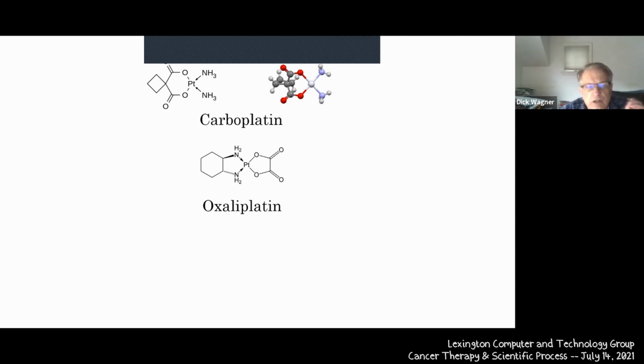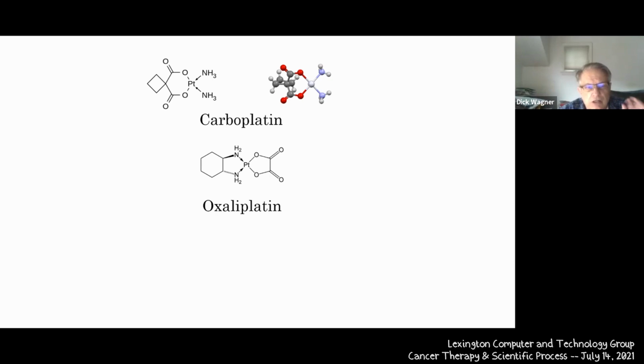A number of Barney's postdocs, none of his grad students, but his postdocs went on and they spent their entire careers studying the synthesis of platinum compounds that could be used in chemotherapy. And there was one person in Europe, in Germany, who was a physician, beginning physician, and was going to be actually an oncologist, who took it upon himself to try to get the platinum compound to work properly.